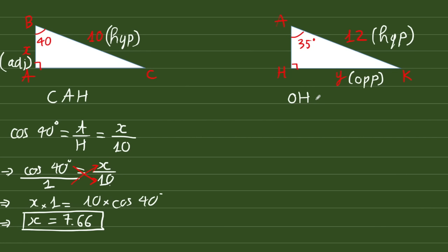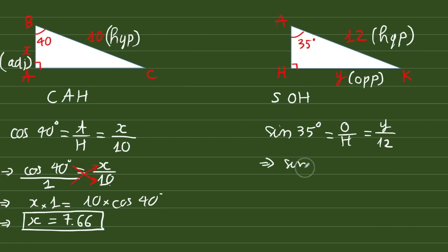So you have OH, which means this question will apply sine. Sine 35 equals opposite divided by hypotenuse, which is y divided by 12.